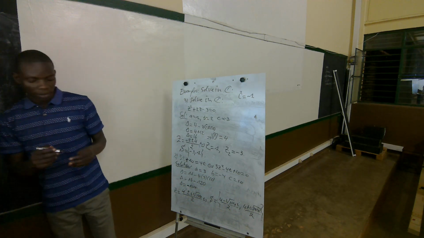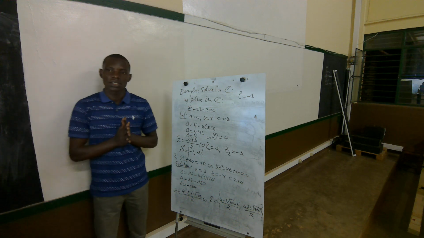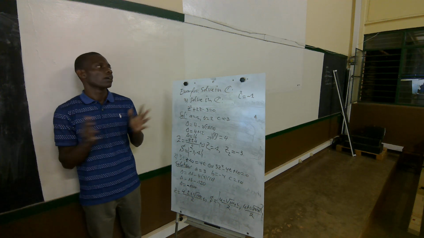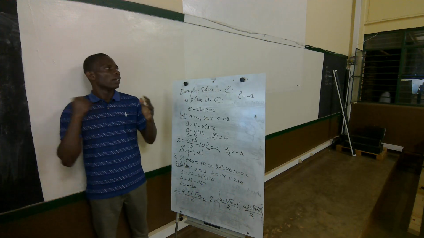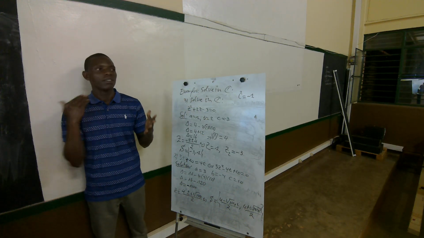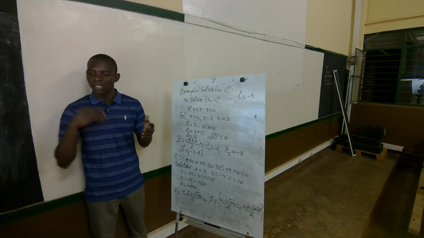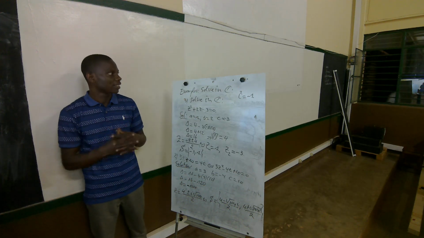Now those are sample equations we use to solve in any set of complex numbers. It is not only quadratic equations, even cubic, even power 4, power 5, power 6, even power 10.